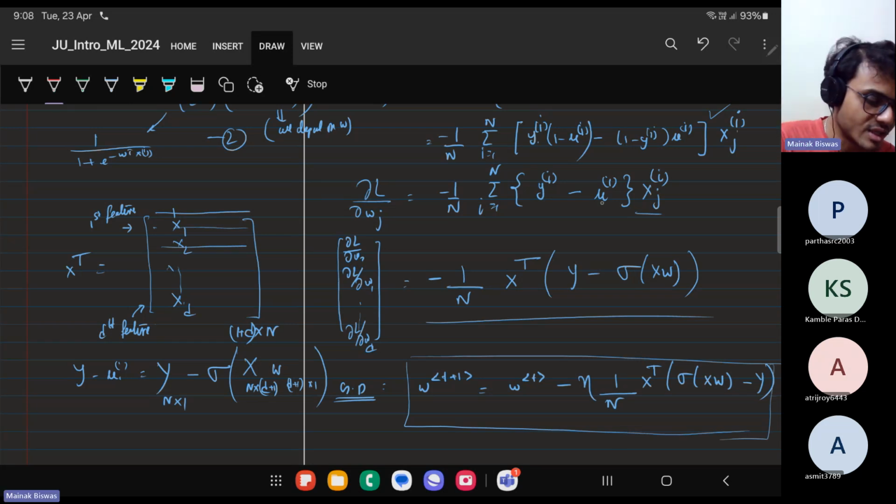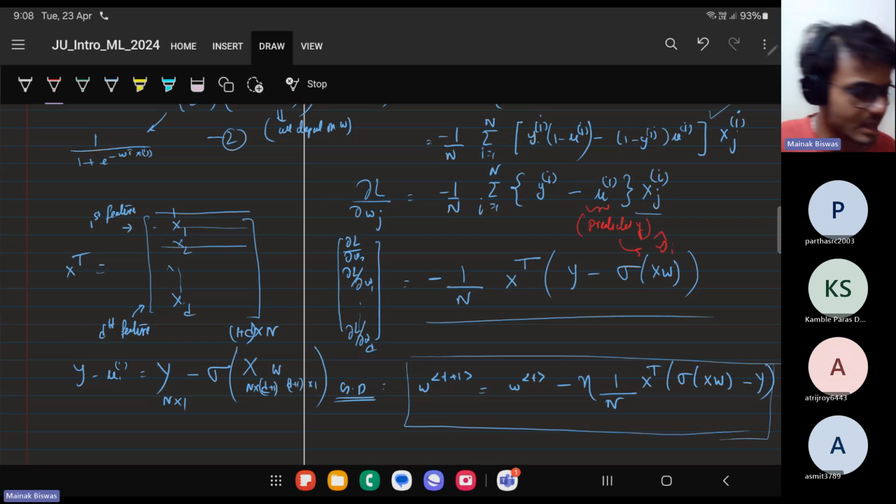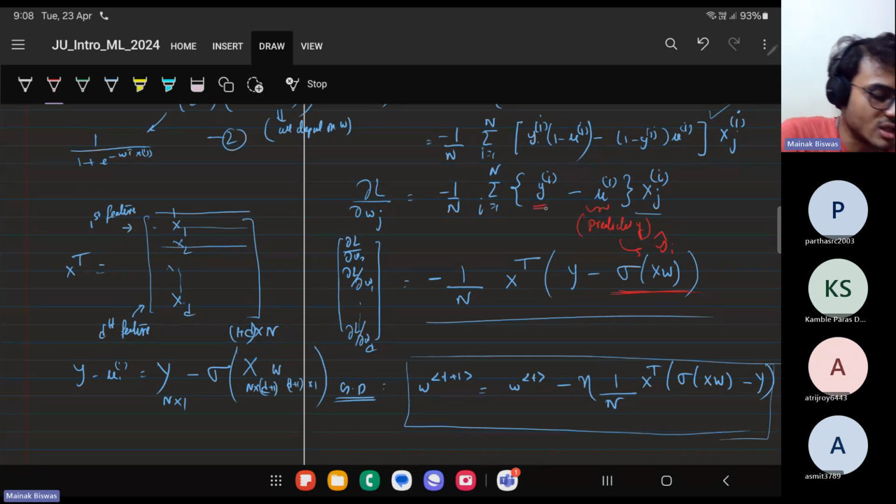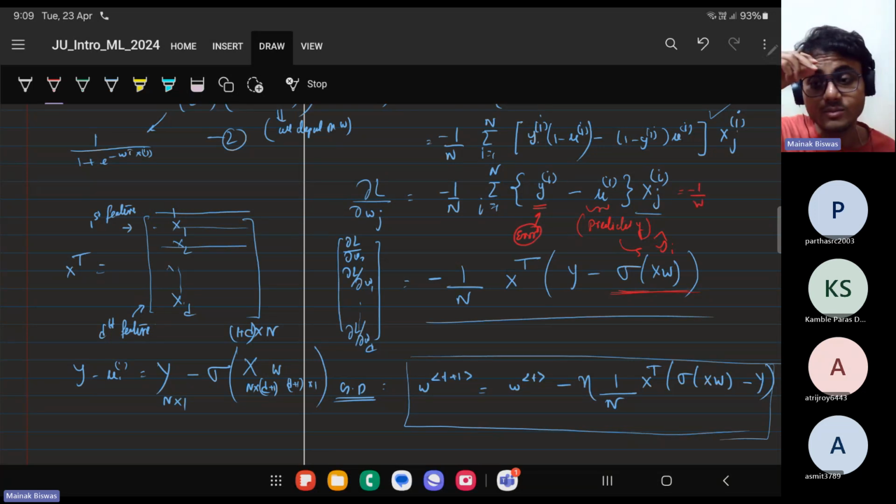So this is the predicted y, right? In many books you will see it written as y hat. Sigmoid of xw is what you're predicting, and this is the actual. So this is nothing but the error, and the error is corrected. Machine learning computer scientists say you see the loss and tweak the parameters based on the error.